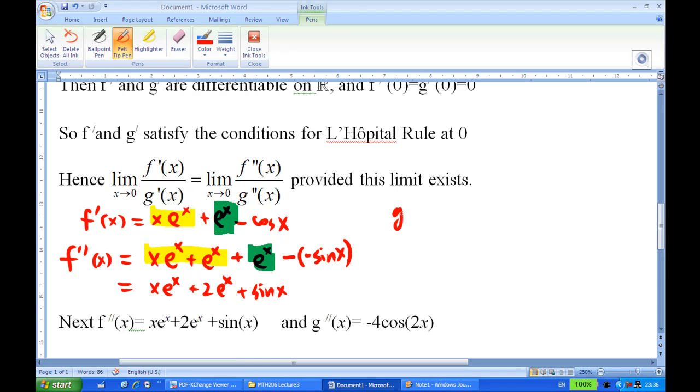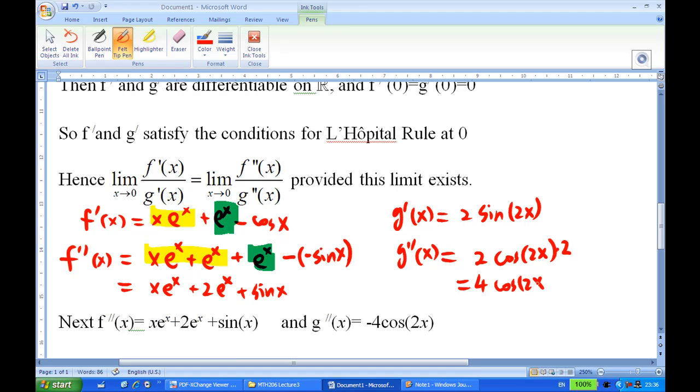Now g double prime x: as g prime x is equal to 2 sine 2x, g double prime x is equal to 2 cosine 2x times 2 again, so you get 4 cosine 2x.